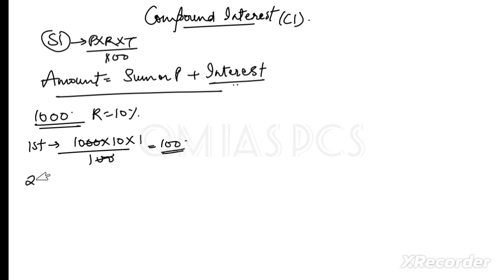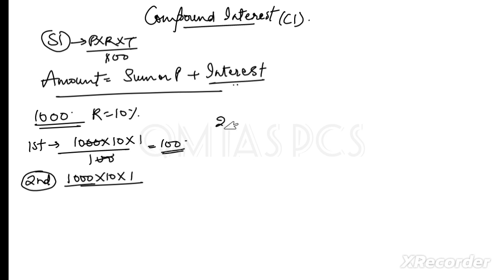In the second year, our principal will be the same 1,000 rupees. I'm not writing 2 here, because I am writing for the second year, that means for a single year. The second year is a single year, and when we have to calculate for 2 years, then we can write 2.